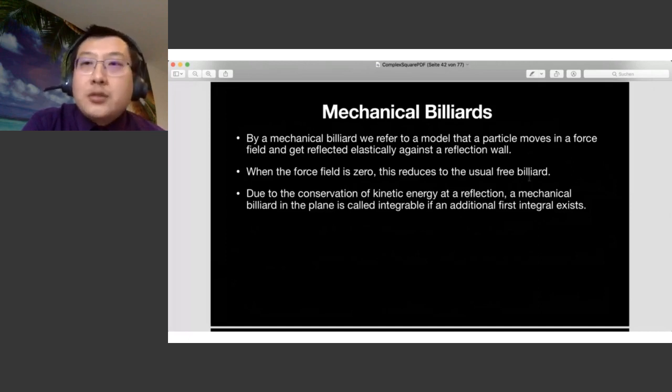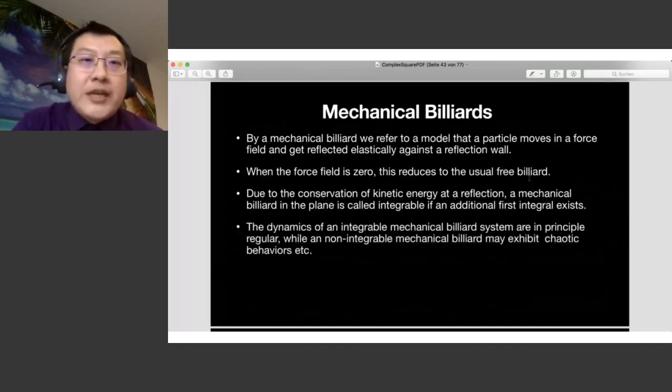And now let's restrict our situation to planar problems for simplicity. In a planar problem, a mechanical billiard is called integrable if an additional first integral, independent from the total energy, exists and can be identified.